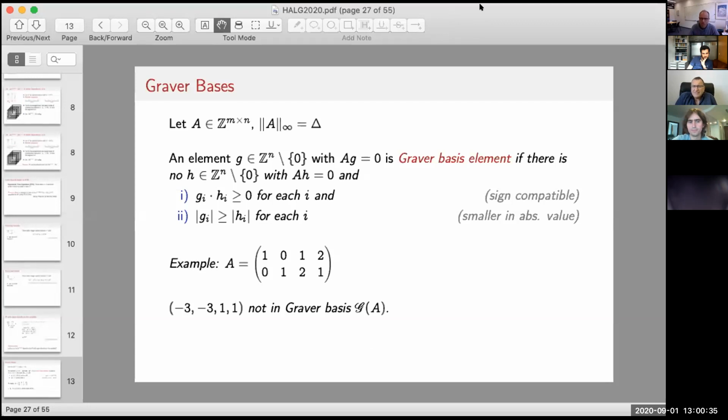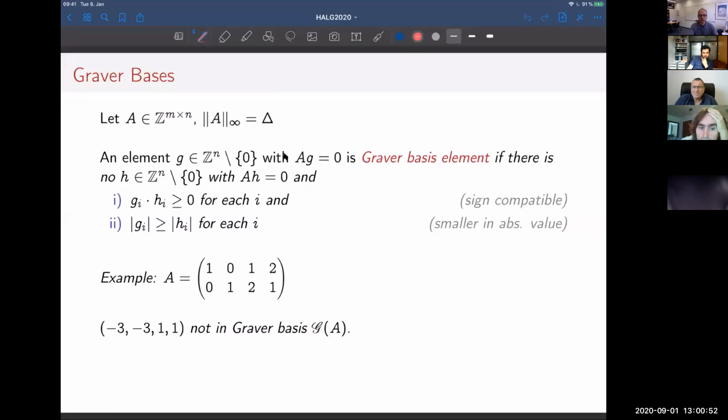Let me use my iPad now, because then I can talk about Graver bases and annotate a little bit. Okay, so here we go. All right, so what's a Graver basis?